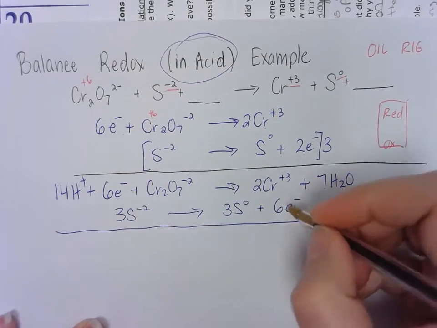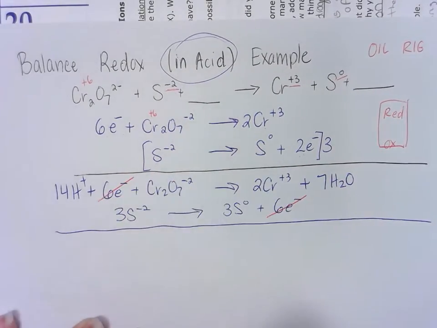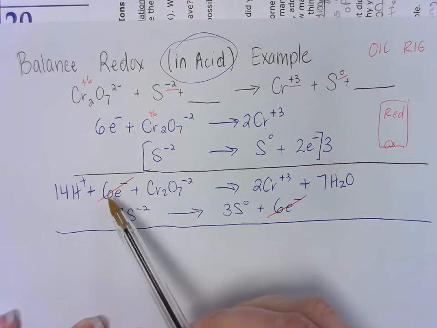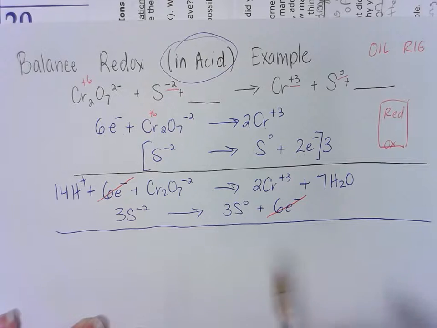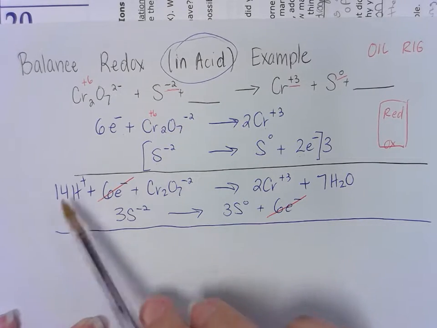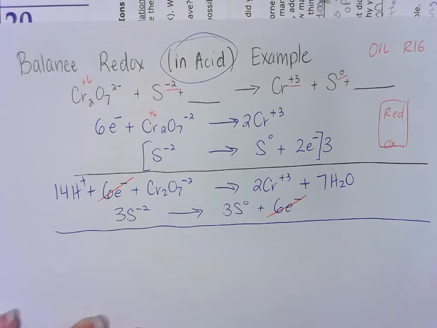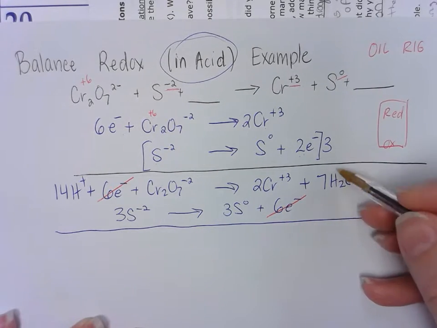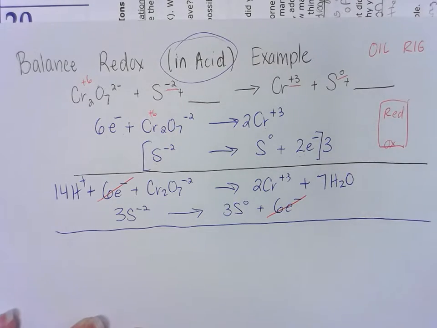If you look here, I have 6 electrons on each side, and remember the whole concept of redox is transfer of electrons. So I need to have my electrons cancel. They need to disappear. They are not to stay in this reaction at the end. Sometimes you have the ability to cancel other things, or even combine. If the hydrogens had been on the same side, I could have combined them, but they're not in this case.